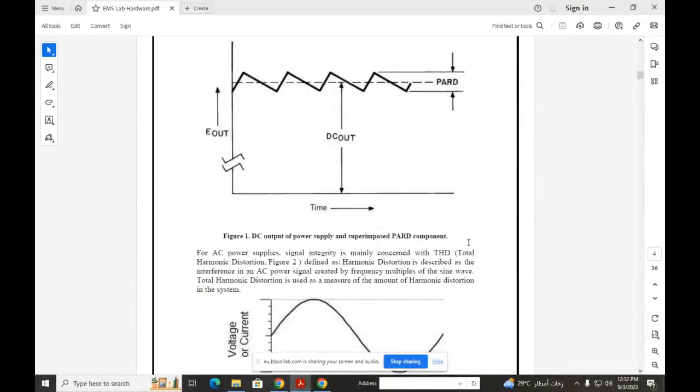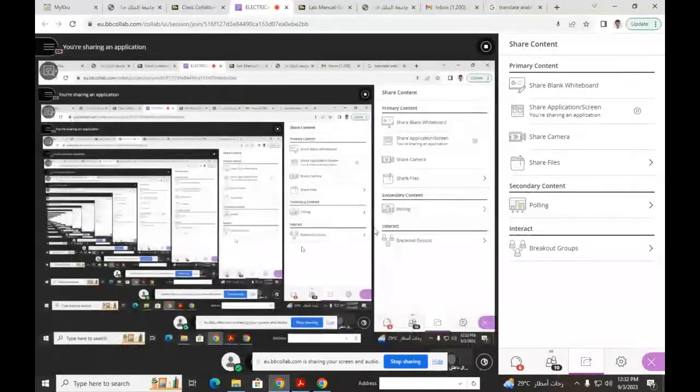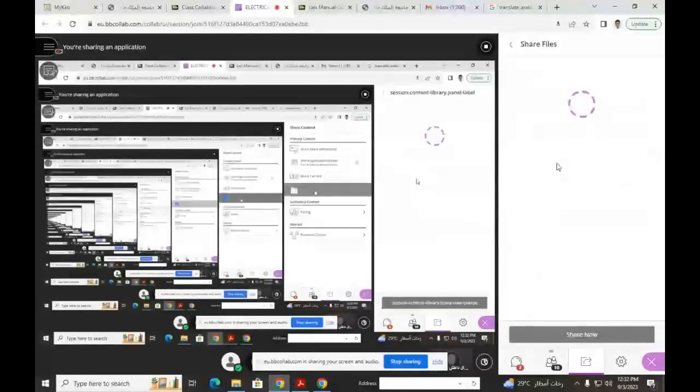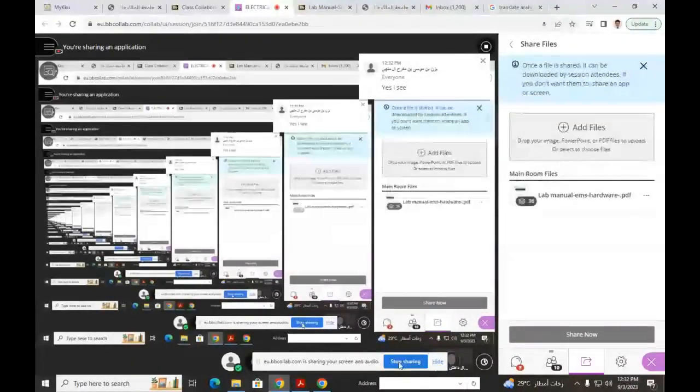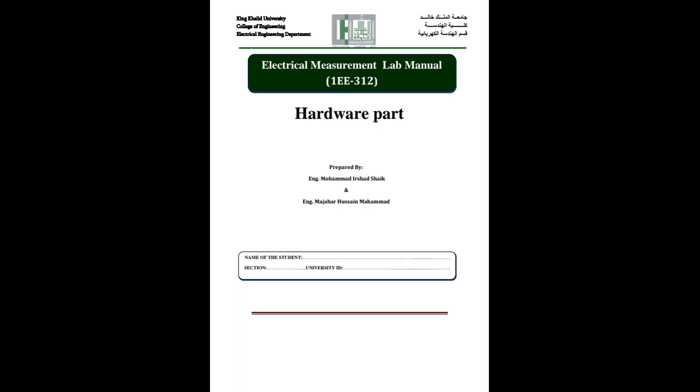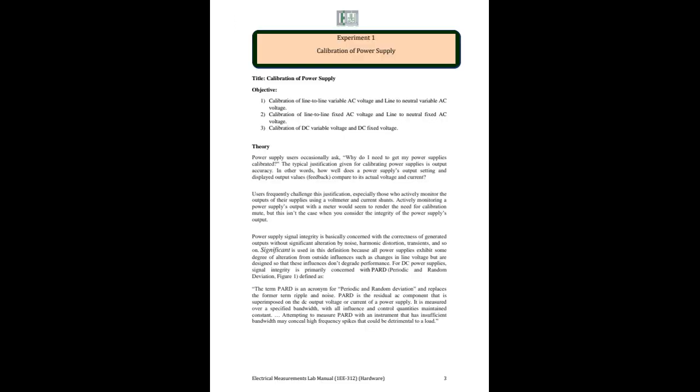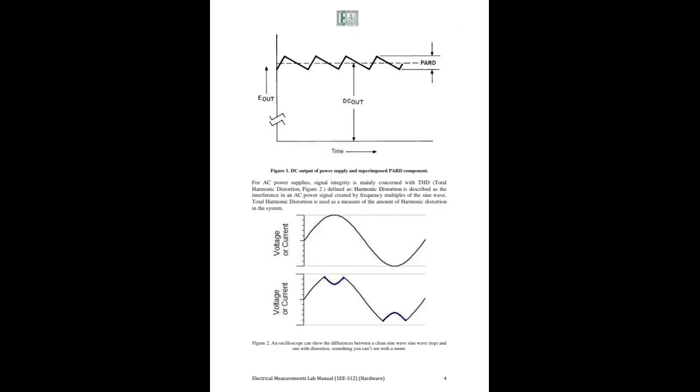Now can you see the waveform? No. Okay. Yes, Doctor, we see. Okay.